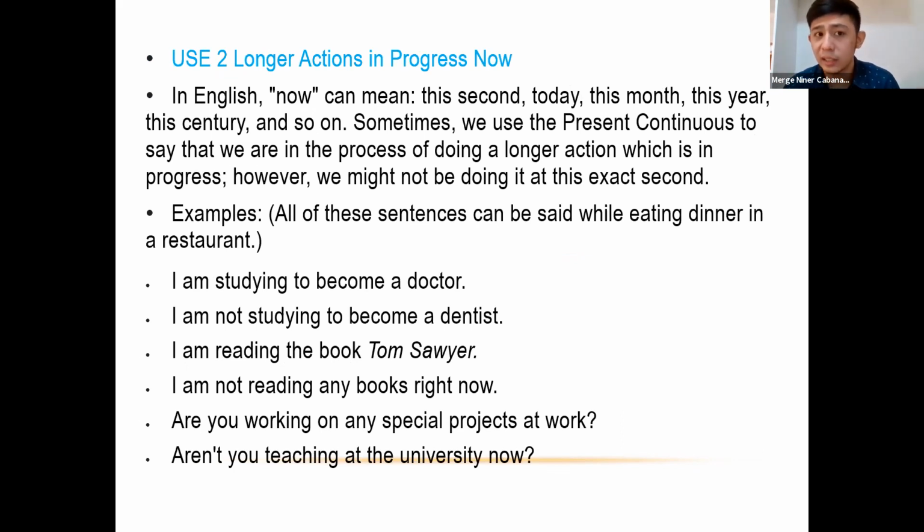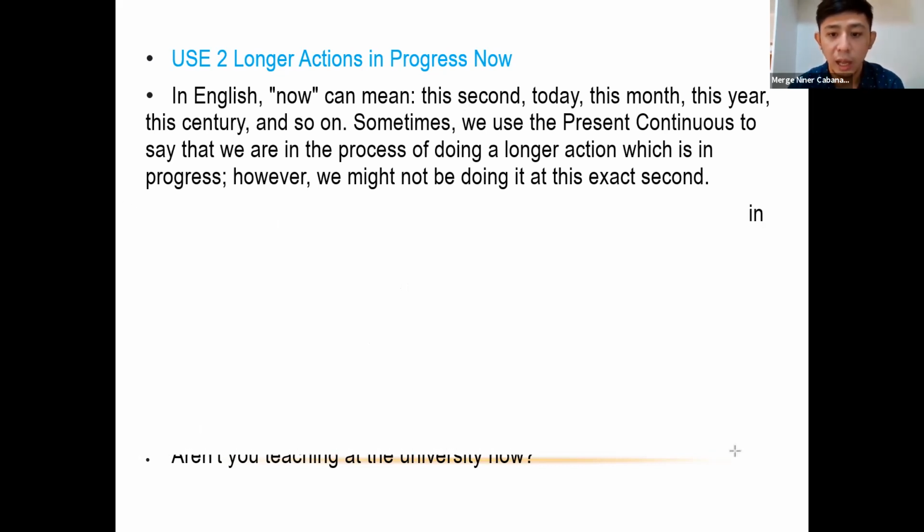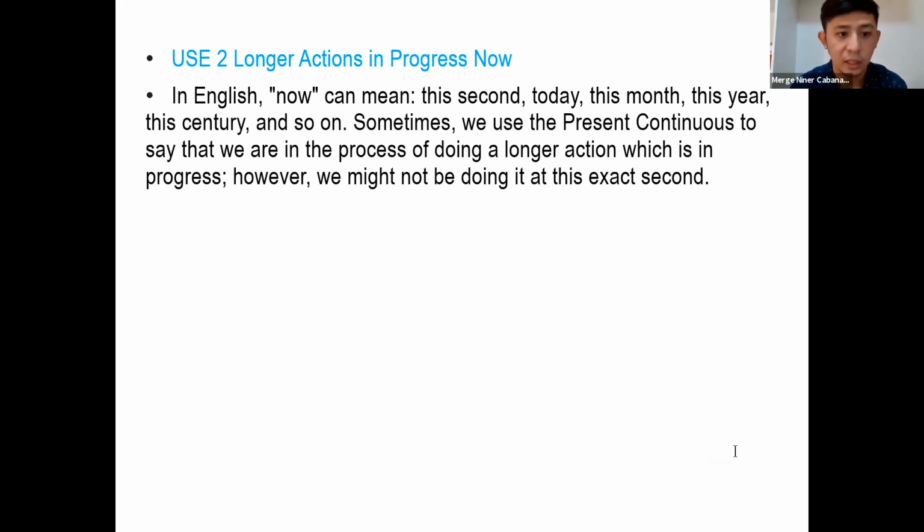What about your second use? Longer action. Listen to me carefully. When you say longer actions in progress, I repeat, longer actions in progress, you started an activity, any activity, in the past.